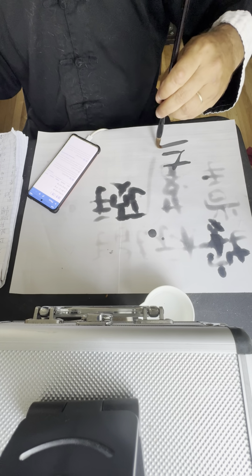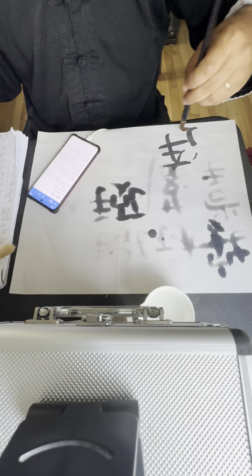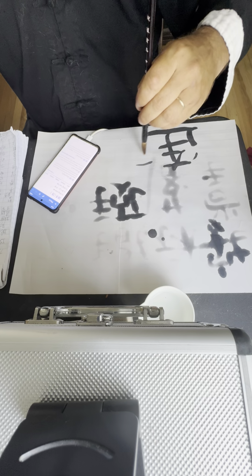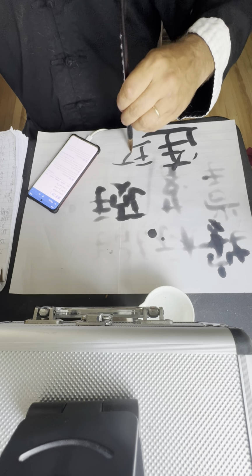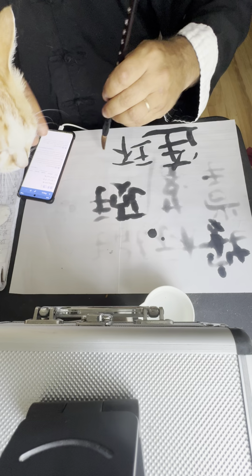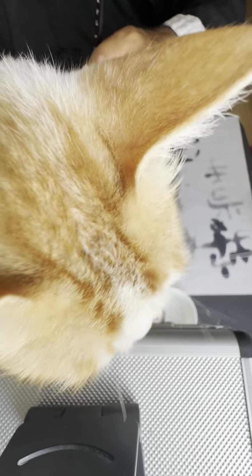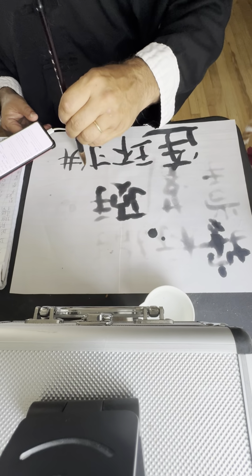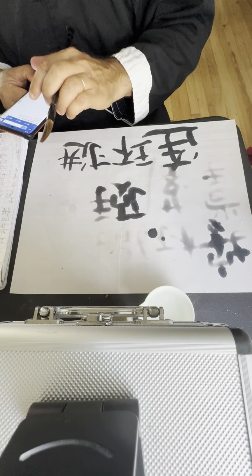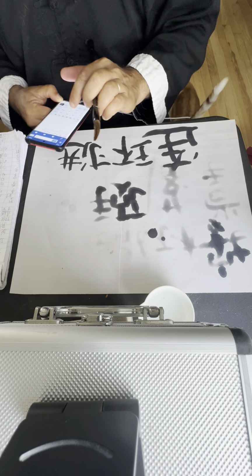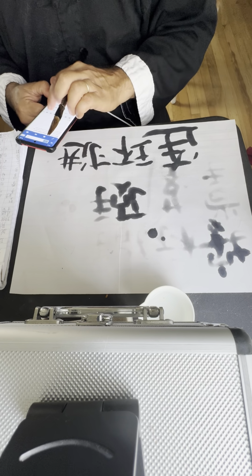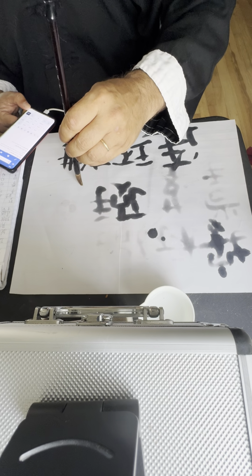The next one is Lian Huan. Now, I believe this is the wrong character. I believe this is the correct one.